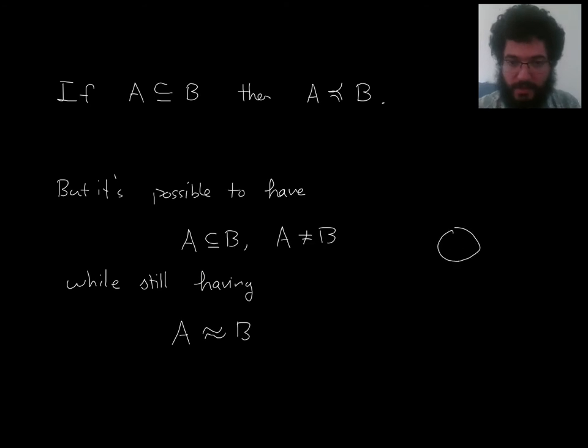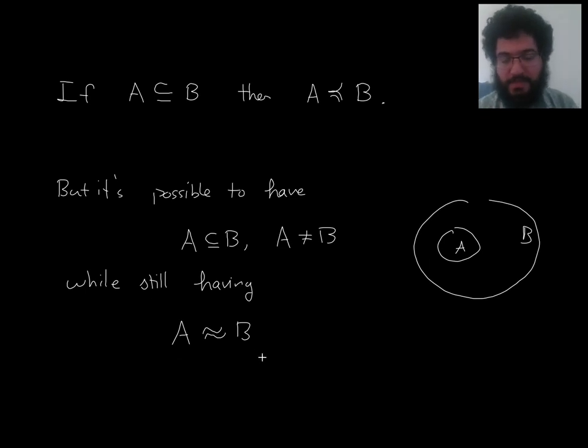So you can have A contained inside B and not equal to B. So it's strictly a smaller set, but they can still have the same cardinality. So even though B has some things that A doesn't have, even though it looks like B has more elements than A, in the sense of cardinality, you could still have them have the same cardinality, meaning there could still exist a bijection between two sets, even when one set fully contains another and contains more things than that.